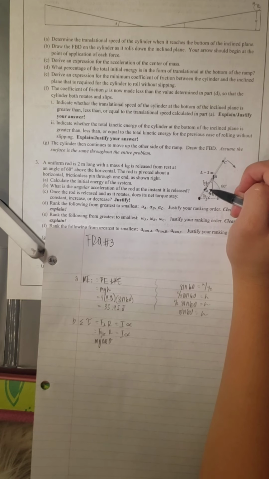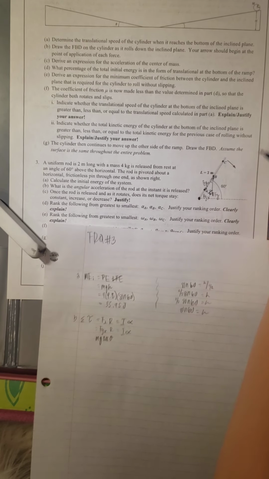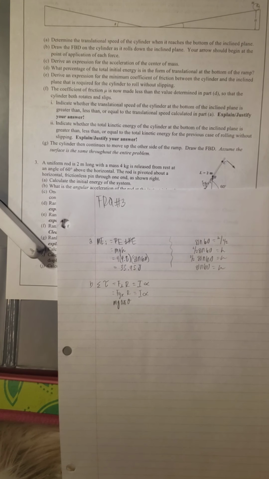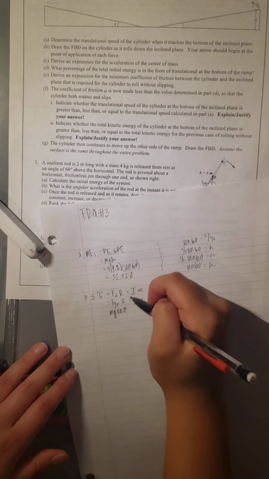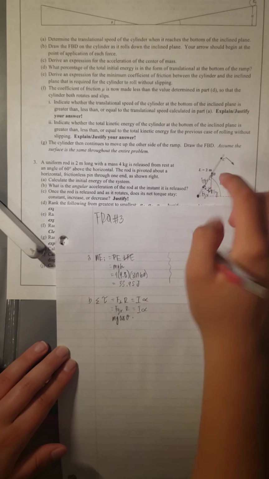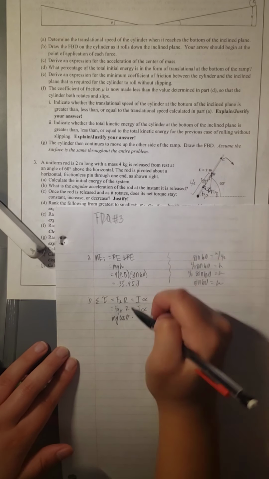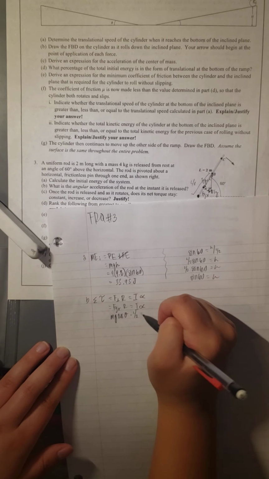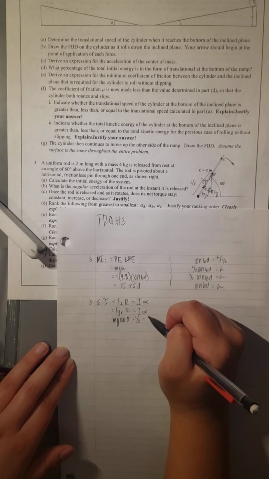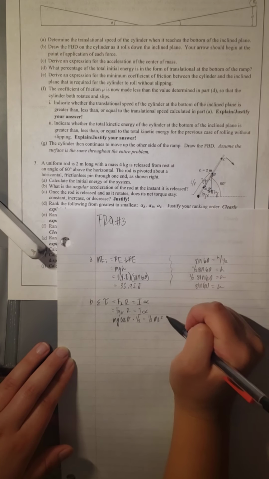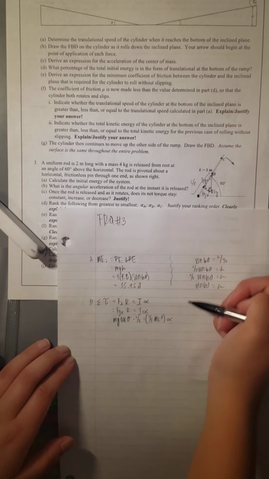Theta would be here, so that would be 60. So adjacent, so cosine. And then your r, again, is L over 2. And then your I for a rod is 1/3 m L squared. And we're looking for alpha.